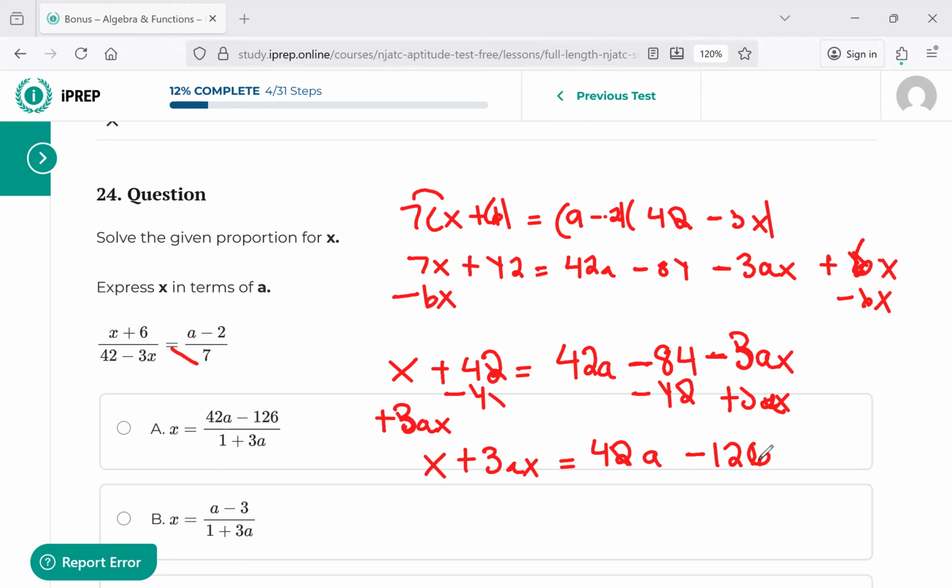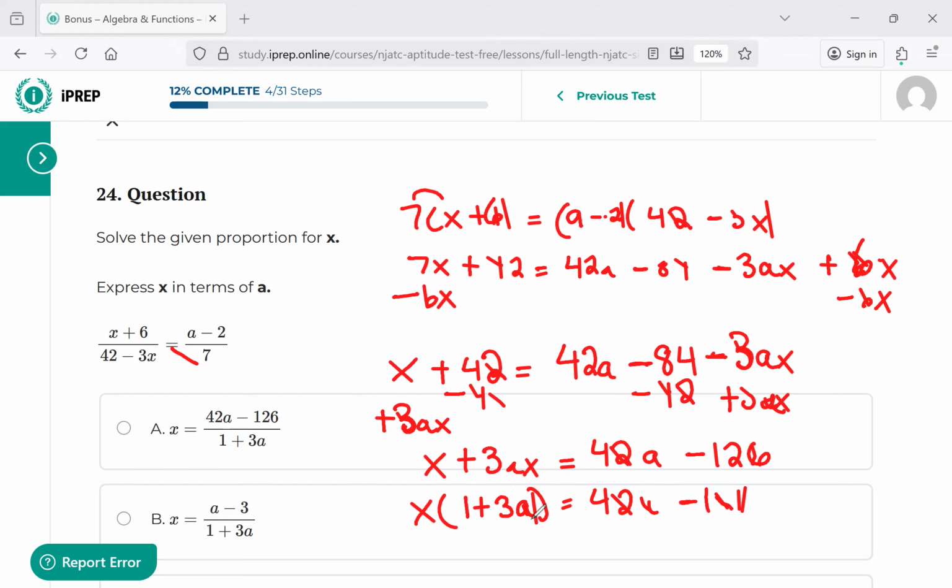On the left side, notice that both have an x. That's good. So you're going to factor out an x, and this is going to be 1 plus 3a equals 42a minus 126.